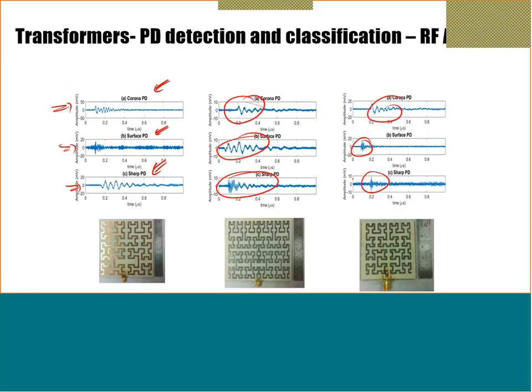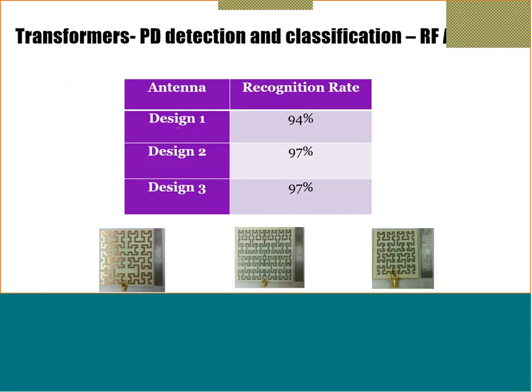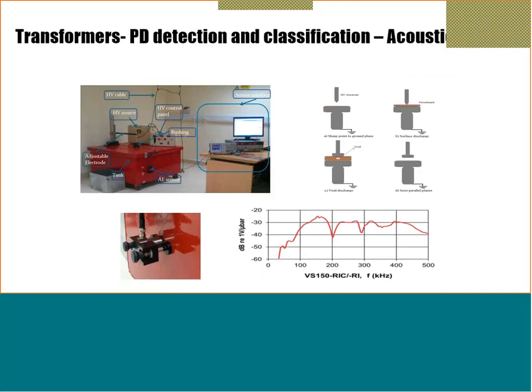So this tells us that I can use machine learning. Once the signals are different, I can use machine learning to distinguish between them, and we found that we have an extremely high recognition rate to tell the difference using each type of antenna, which is very, very good.